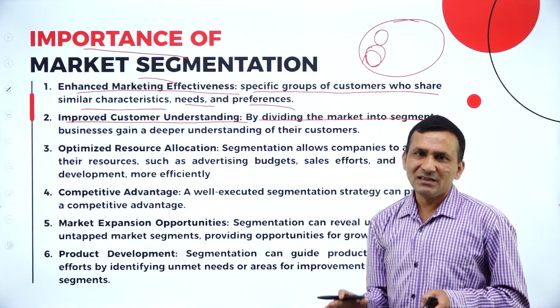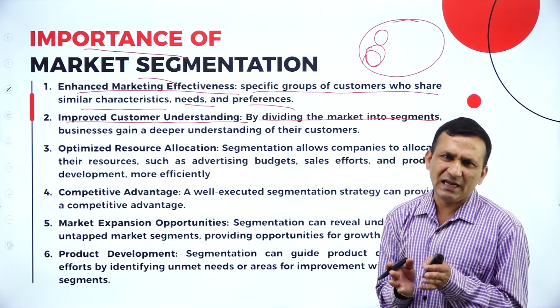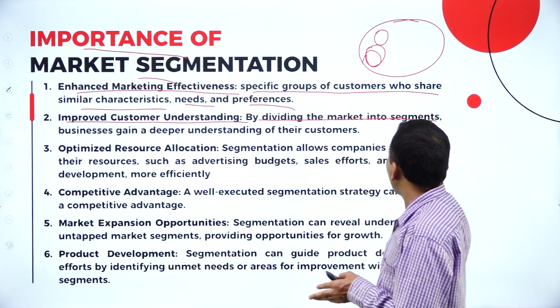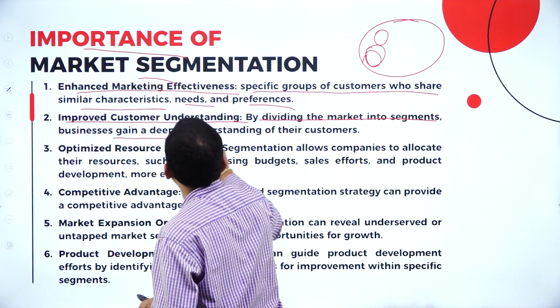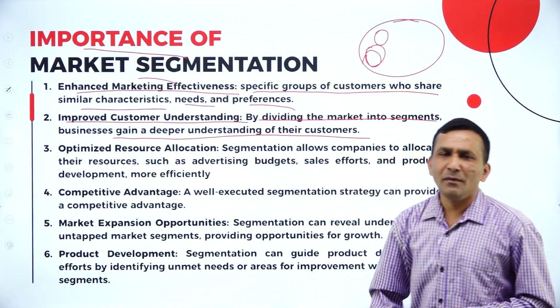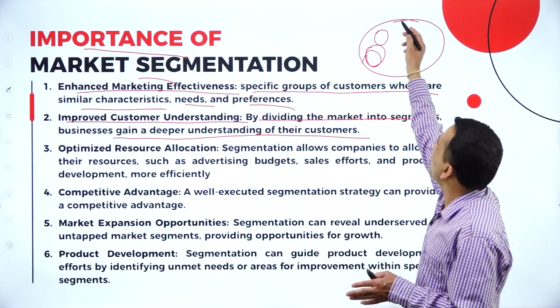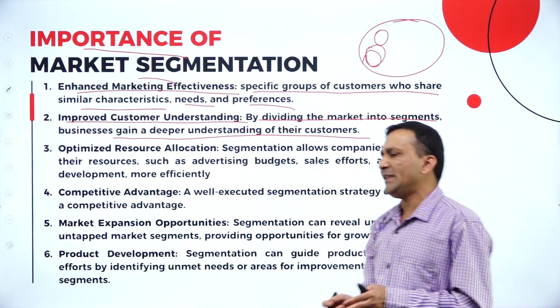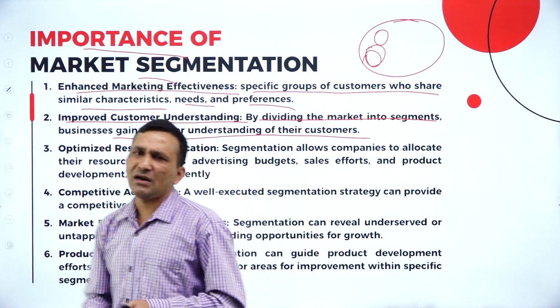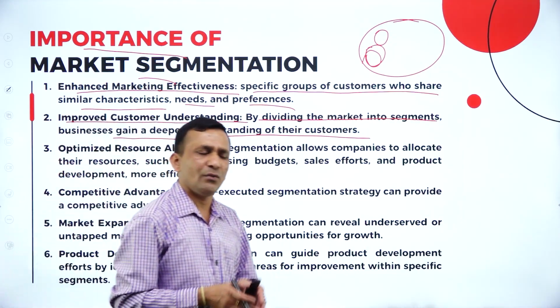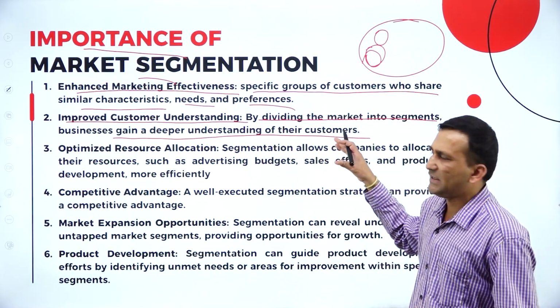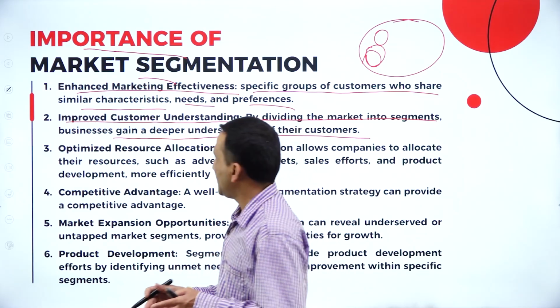So obviously our resources can be properly utilized because we selected only the represented unit. And the business gains a deeper understanding of its customers, because at the same time we cannot focus on the complete nation. You can understand where exactly the consumers are located and where they are showing interest to purchase your product. So it is very easy when you select a segment.